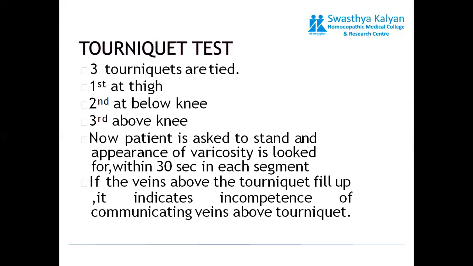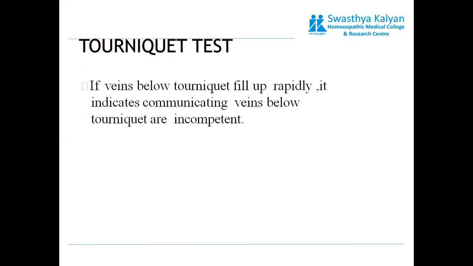If the vein above the tourniquets fills up, it indicates incompetency of communicating vein above the tourniquet. So, this is how the tourniquet test is done. If the veins below the tourniquet fill up rapidly, it indicates communicating veins below the tourniquets are incompetent. So, these are the inferences.